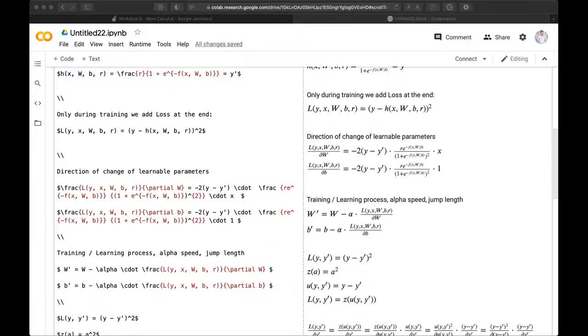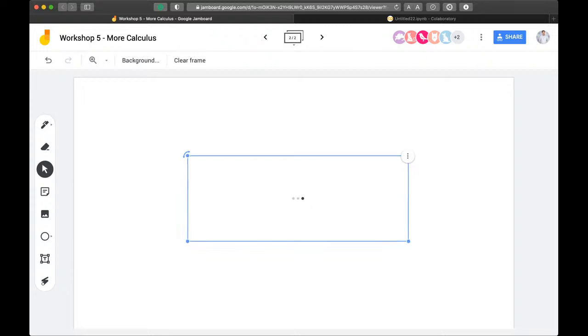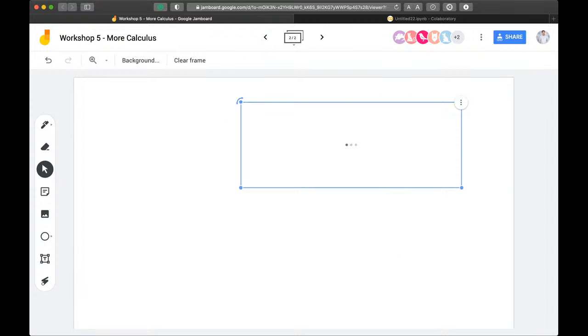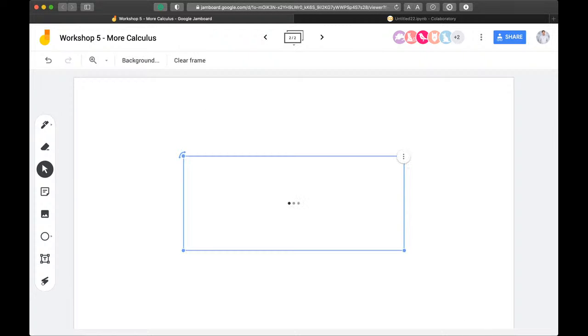So I have this equation, trying to copy it. Something is happening but not showing up. This is weird. Okay, it did not copy anything. I tried last time, so if it does not work, then maybe I just need to share the notebook with you.